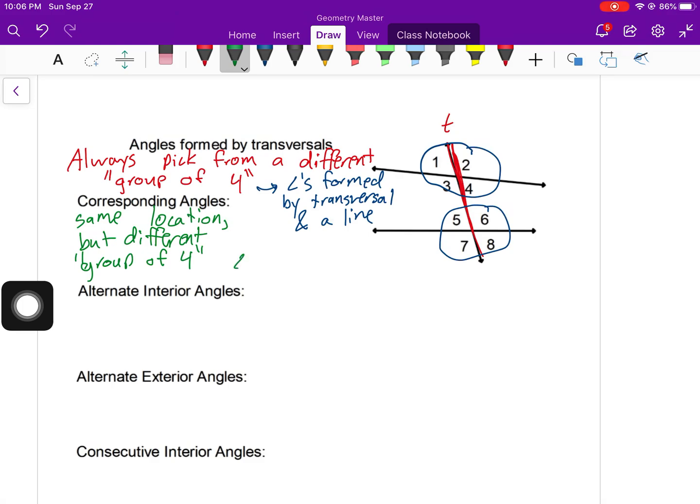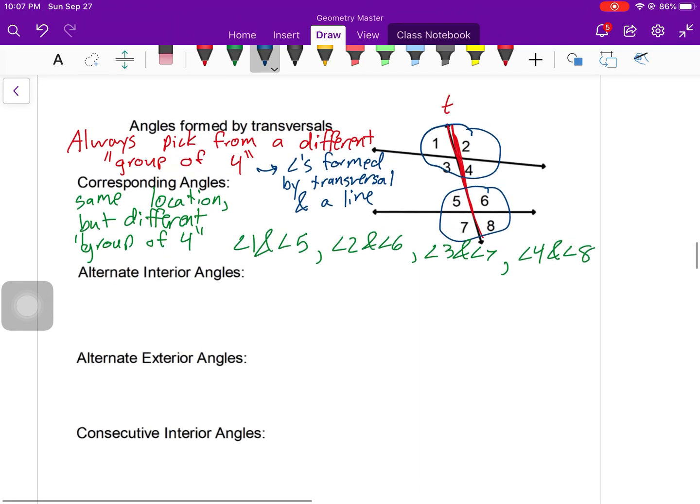So my examples here are angle 1 and angle 5 are going to be corresponding angles. Angle 2 and angle 6, angle 3 and angle 7, angle 4 and angle 8. Those are all corresponding angles.